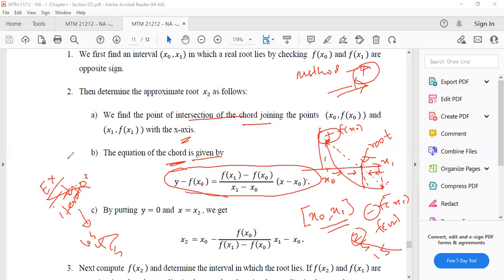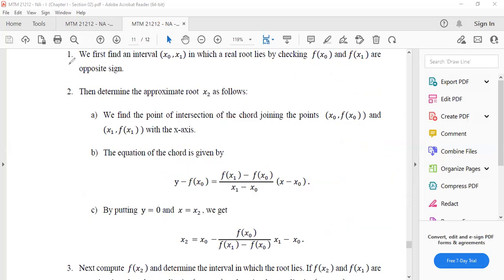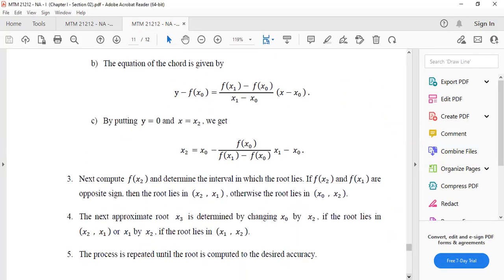Then after we find our chord equation, we can find our next point. As I said, the root will be where this chord meets the axis. Let's say that is our y. We have found the equation by this.